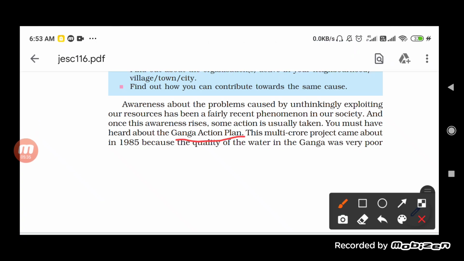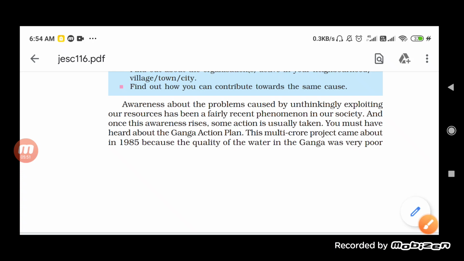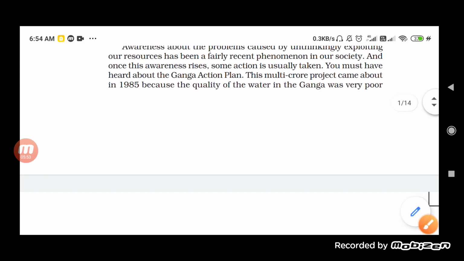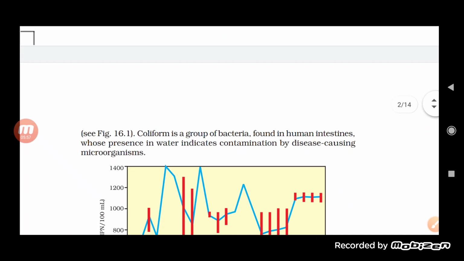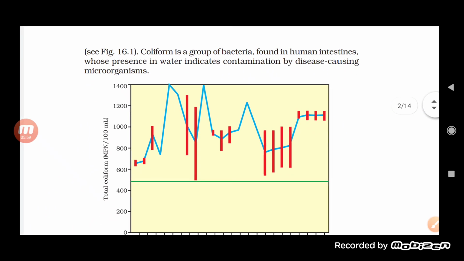Because the quality of the water in the Ganga becomes very poor, and this happens because a lot of people throw their excreta and garbage in the Ganga, due to which the water becomes polluted. It is a source of water for us, so it's really important that the Ganga should be free from any kind of pollutant.